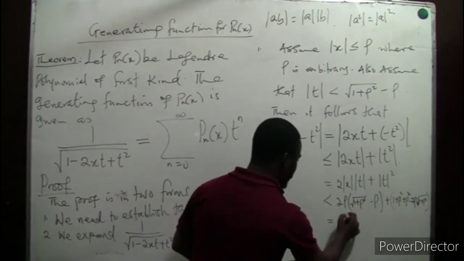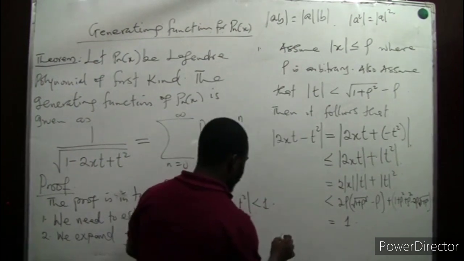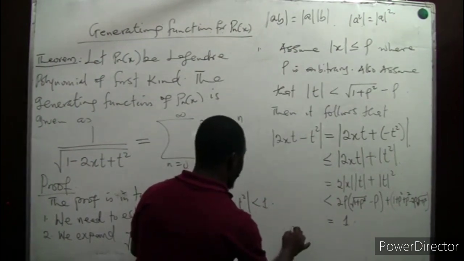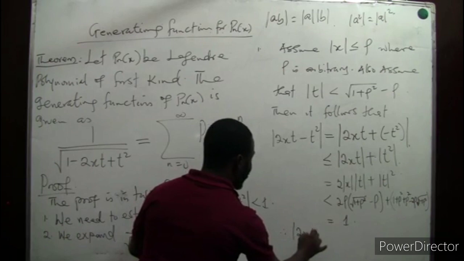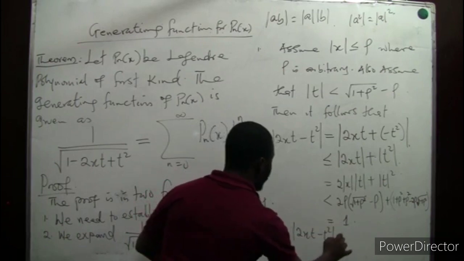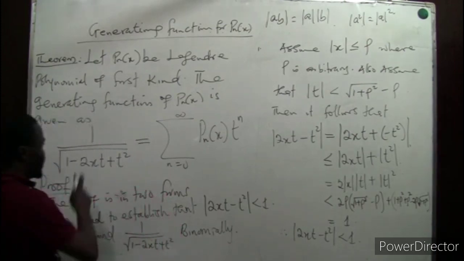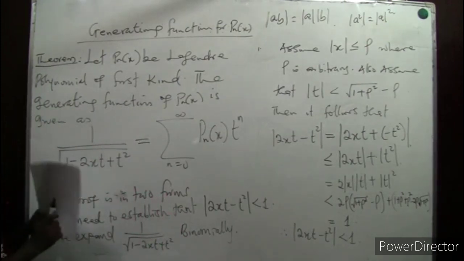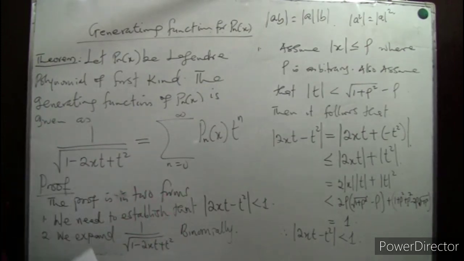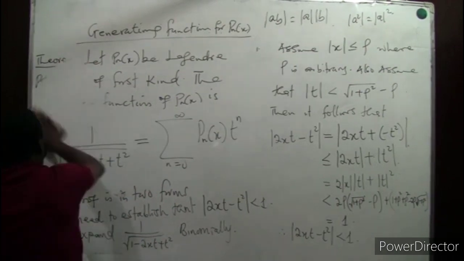So we are left with 1. And therefore, we come to the conclusion that 2xt minus t squared is less than 1. That guarantees the fact that our left hand side can now be expanded using binomial expansion.